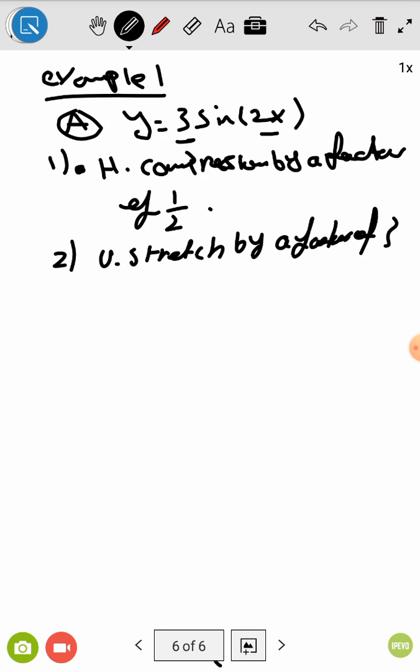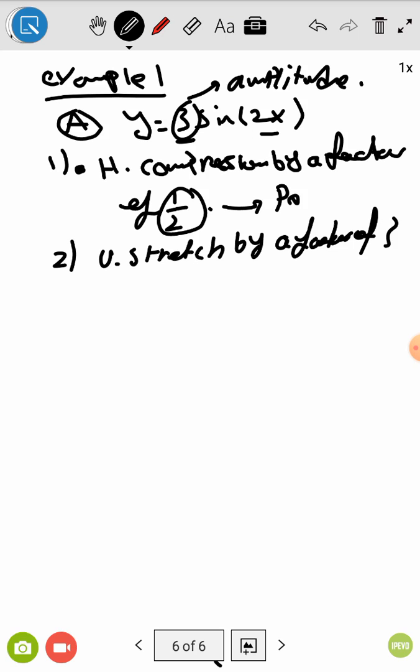So if you remember what I said, the vertical stretch is the amplitude. And notice that the horizontal compression, which has a factor of half, will affect the period.